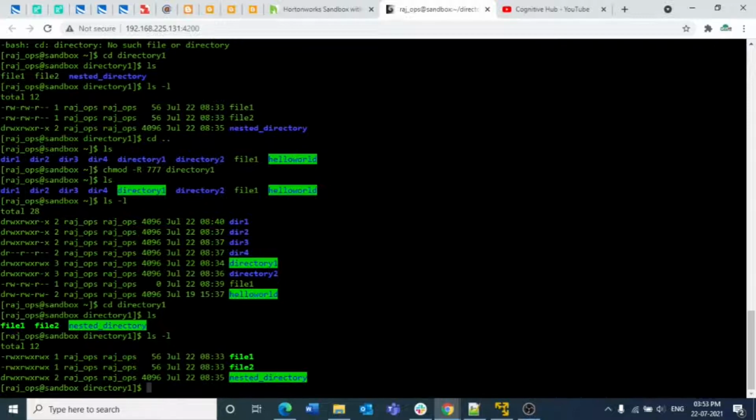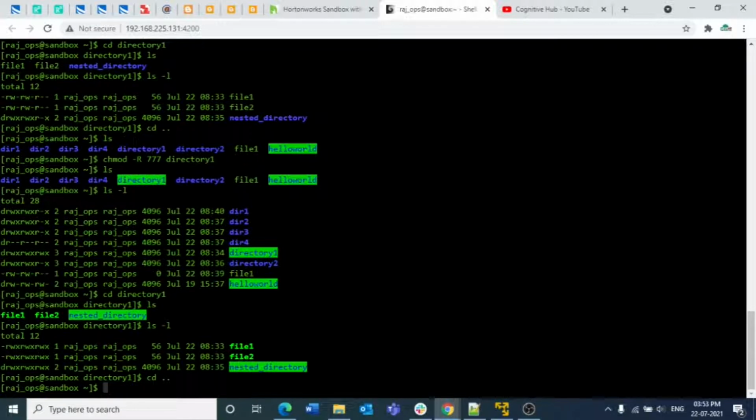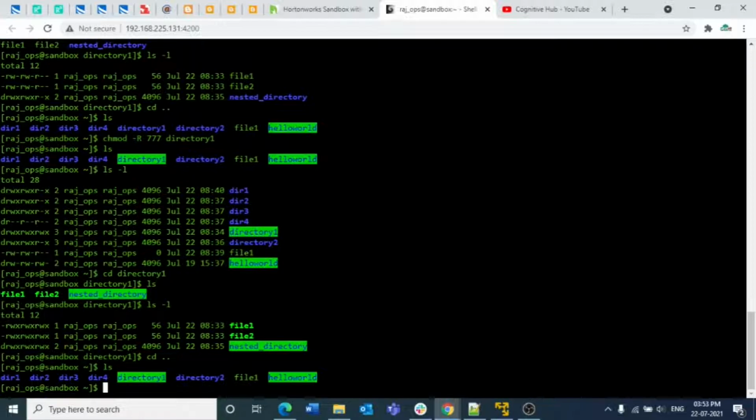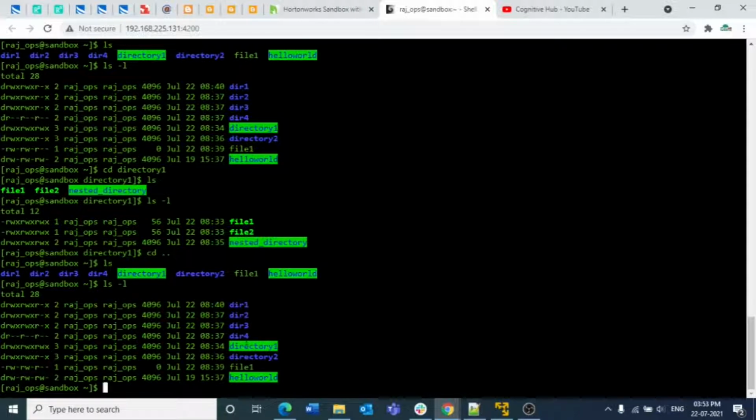But now we have one more option: you can directly use plus and minus symbols. Suppose you consider cd .., ls -l, and this directory dir4 has only read access for all user, group, owner.